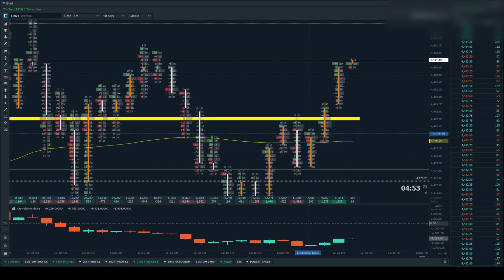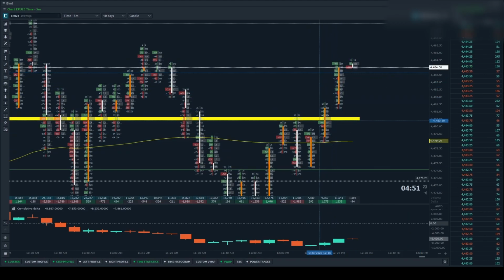Here's another look at that delta chart. You can see how they're buying this on the way up. Pretty good. Volume's increasing.